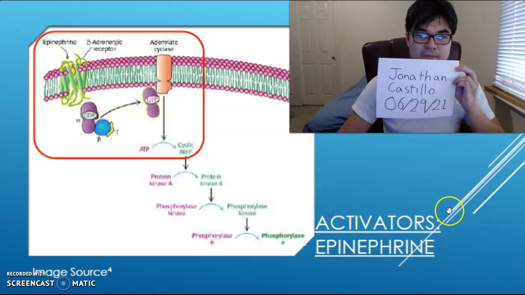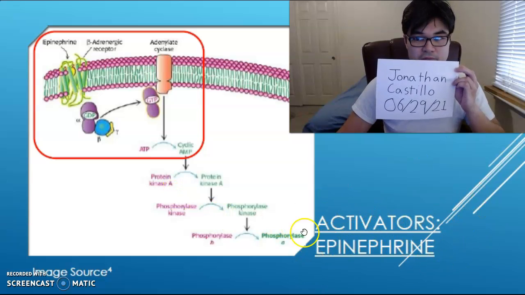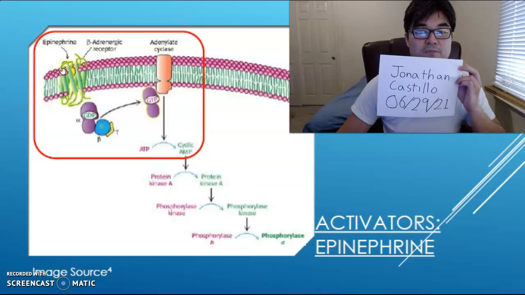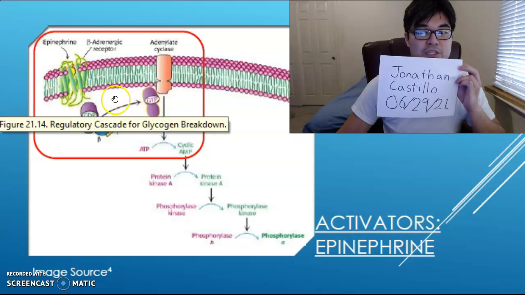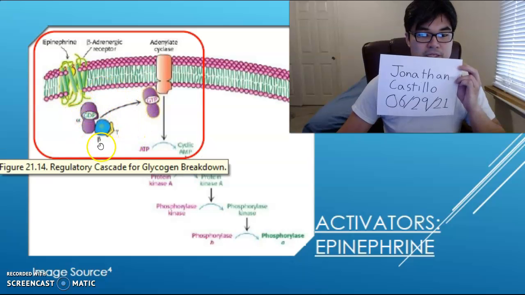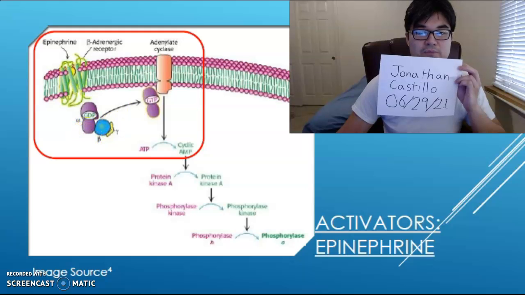The first activator is epinephrine, which binds to a beta-adrenergic receptor on the muscle cell. This binding causes a conformational change that is transmitted to a G protein complex consisting of a gamma, beta, and alpha subunit, with a GDP attached to the complex.